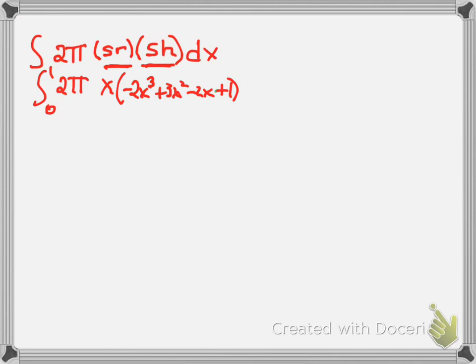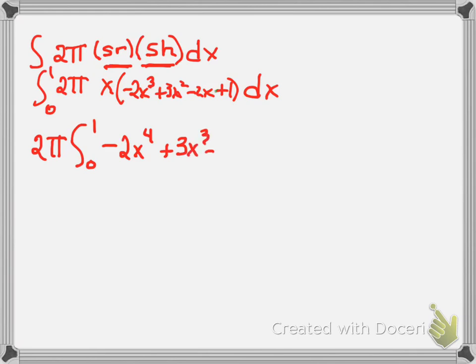All right, so this thing I now need to integrate, and before I integrate, I'm going to want to multiply this x through here. I can pull the 2 pi out because it's just a constant. So that would be negative 2x to the 4th plus 3x to the 3rd minus 2x squared plus x dx. And now it's just backwards power rule on all of them.